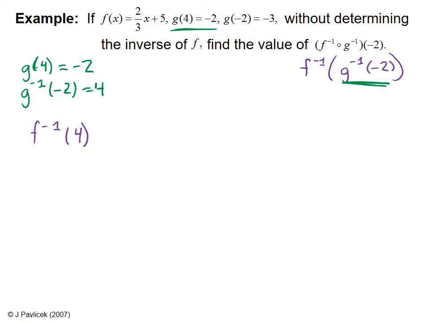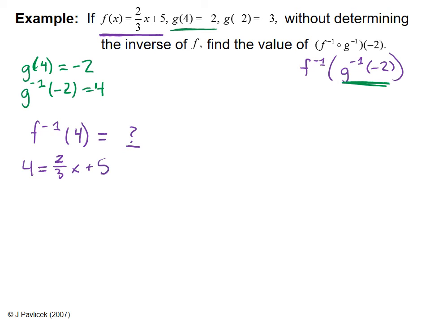Well, okay, so if we're trying to find f inverse of 4, here's the thing. We have f of x right there. And if we want to know what happens if you plug 4 into the inverse, that means that 4 is like the y in f of x. So all you have to do is go back up here and just say 4 equals, and use 4 as the y value. 4 equals 2/3 x plus 5.